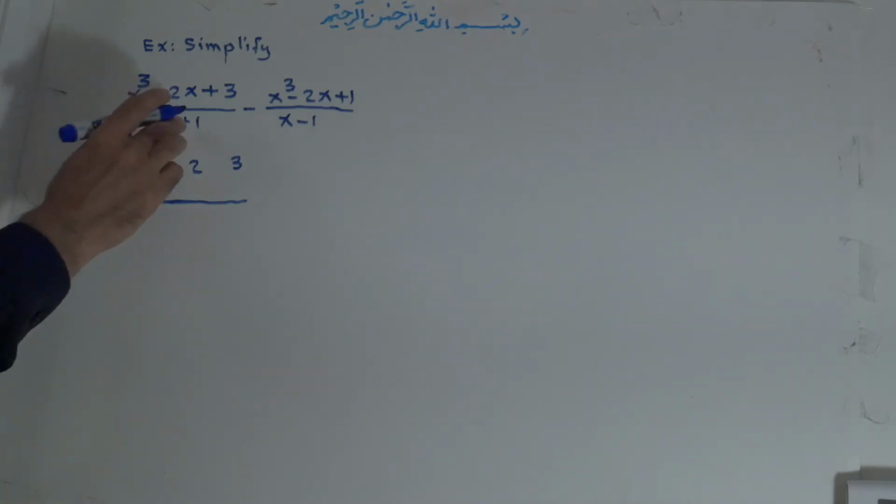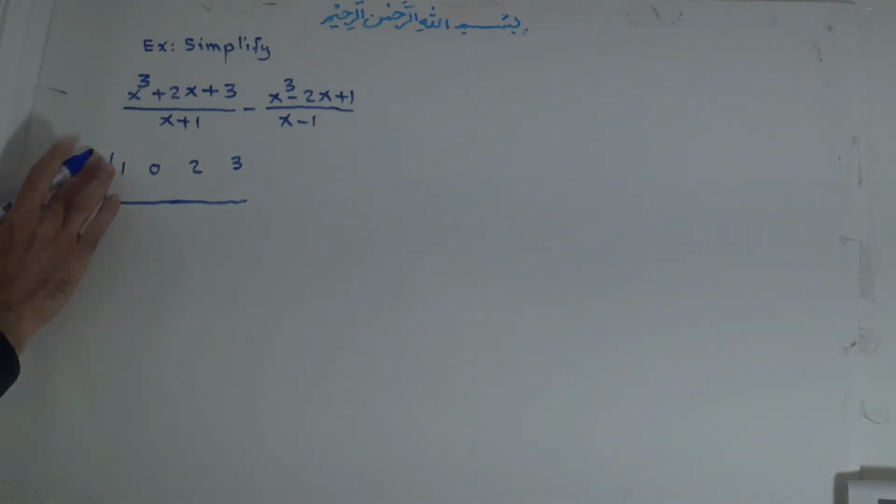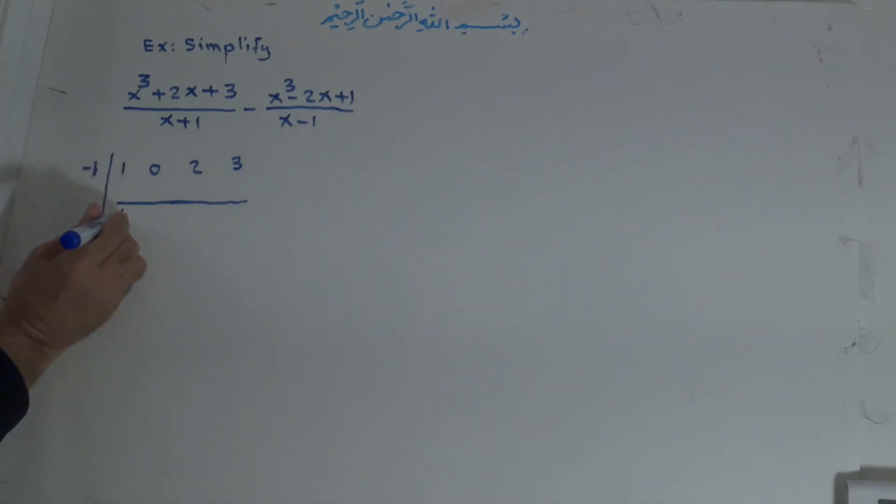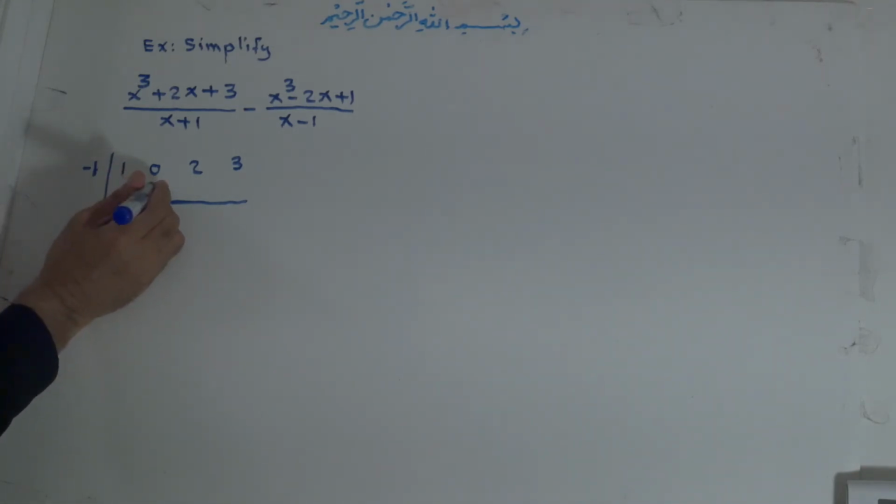If this is plus, we put negative. If this is negative, we put positive. Negative 1. Now we bring down the 1 and multiply it by negative 1. Those numbers that don't have any sign are also positive. Positive times negative is negative 1.